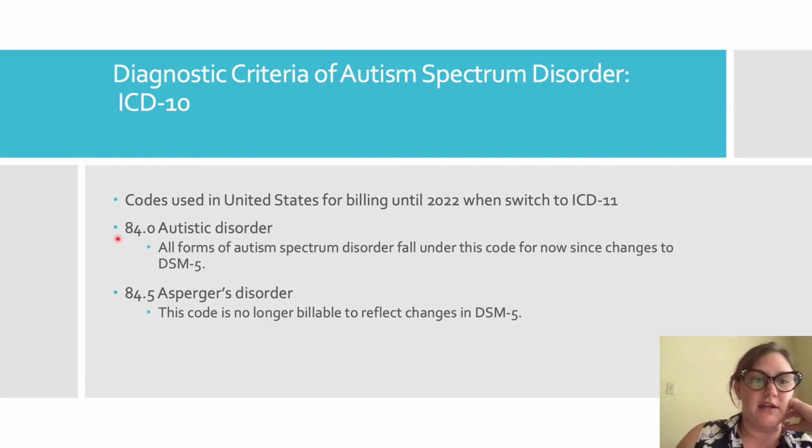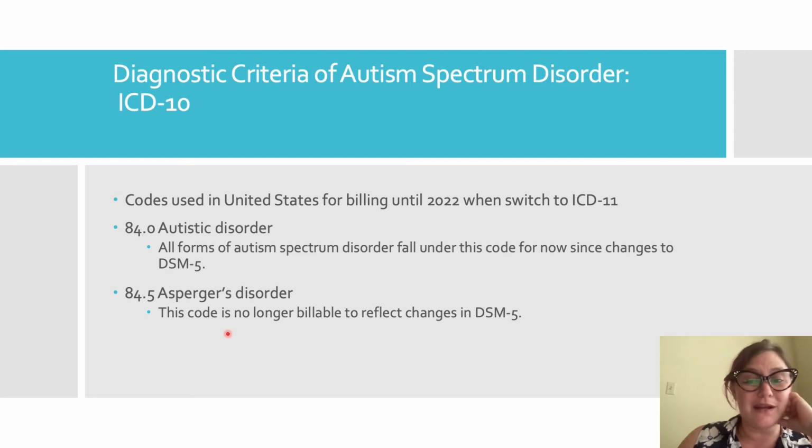One code is 84.0 autistic disorder. This is now with DSM-5, all forms of autism spectrum disorder fall under this code now, since we've changed to the DSM-5, even though another code, 84.5, still exists called Asperger's disorder. This is no longer billable, and this is to reflect the changes in the DSM-5.